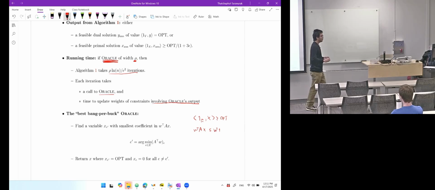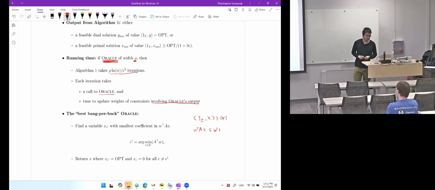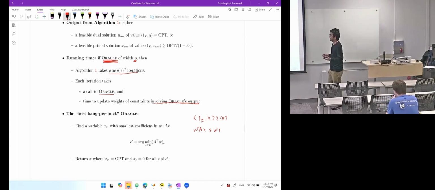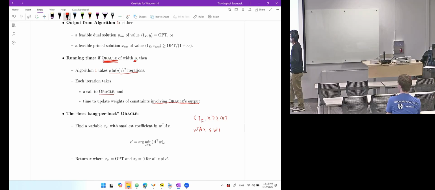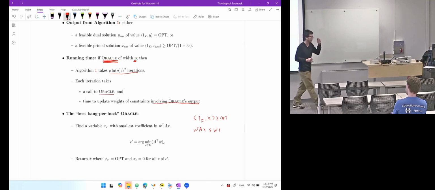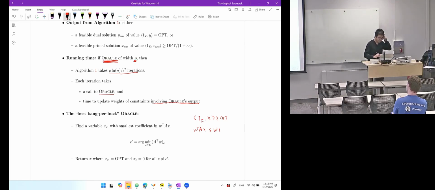Okay, and last time we saw that for matching, when the problem is to compute the maximum matching, it's fast, because for matching, what do we have?